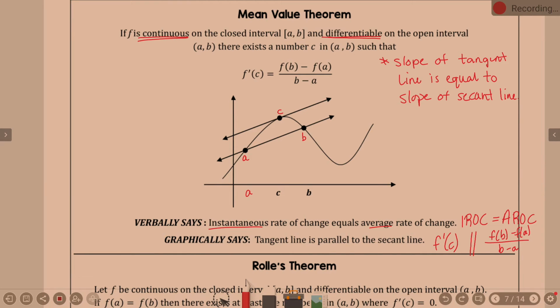If something's not differentiable, there's usually a hard point. It wouldn't be differentiable at a vertical asymptote, but it has to be continuous to be differentiable, right? Do you remember that statement? Differentiability implies continuity. So if you're told this is differentiable, what do we automatically know without any hesitation? It's continuous.